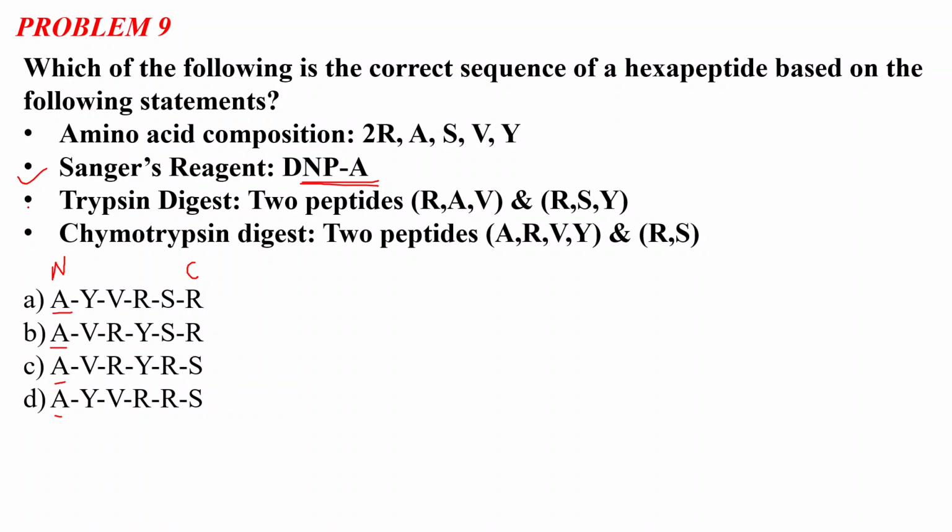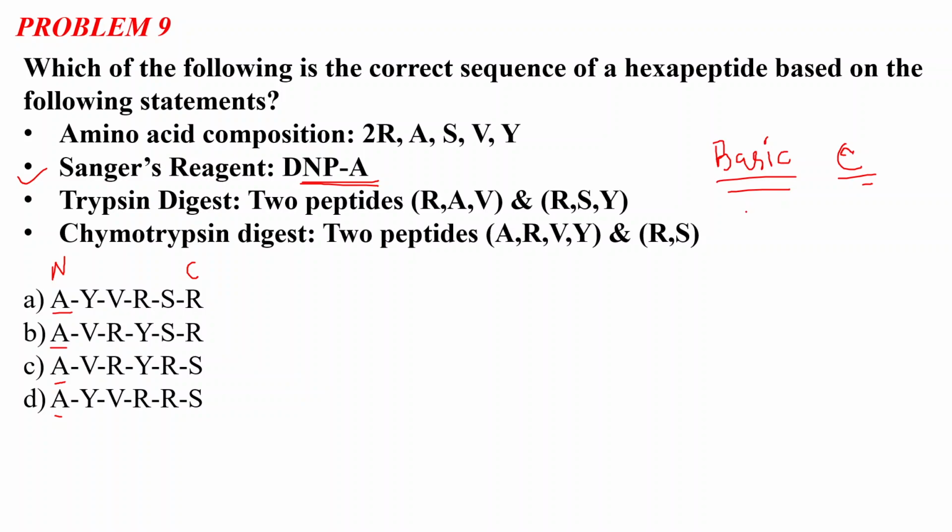Moving toward the next statement: the trypsin digest gives 2 peptides, RAV and RSY. What trypsin does, I mentioned in the previous slides, and I am repeating it once more: trypsin cleaves where there is a basic amino acid, on the C-terminal side of the basic amino acid. There is also an exception.